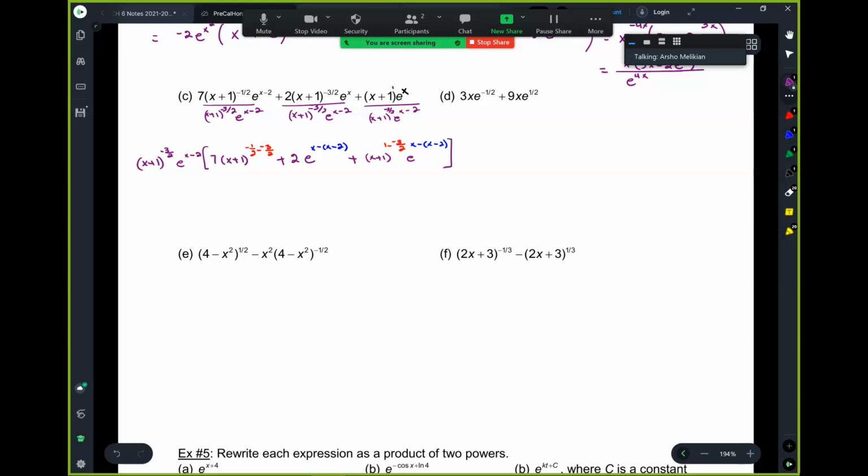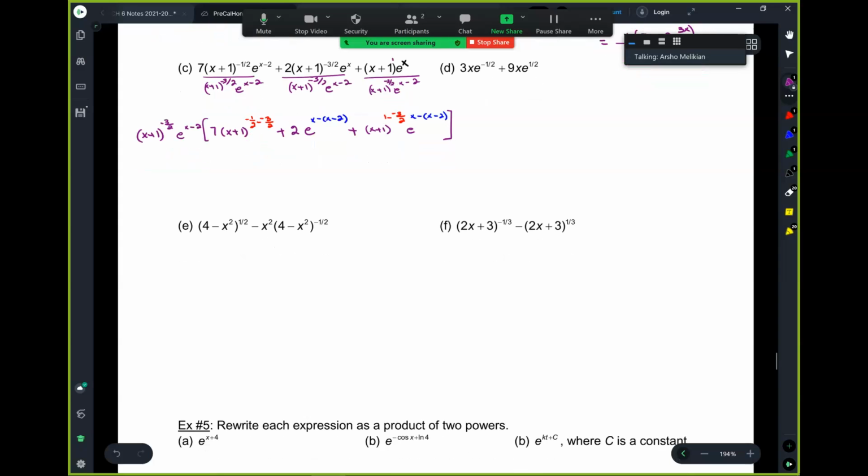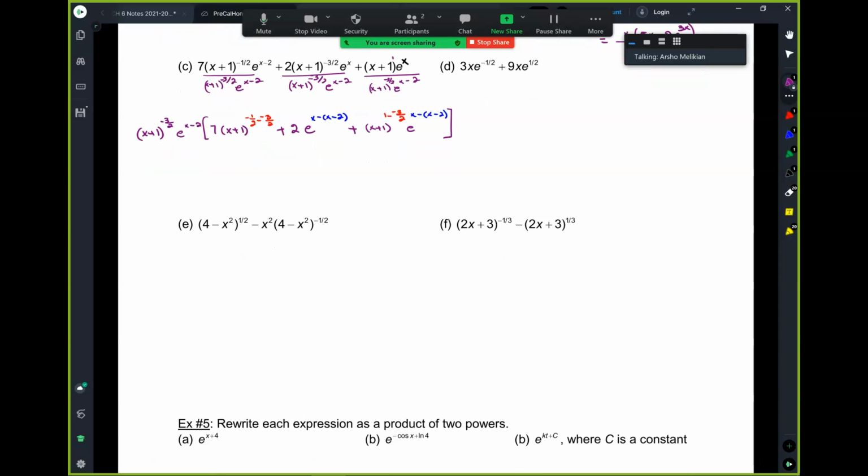Okay. All right. Whew. Okay, so let's see. So here, I have x plus 1, e to the negative 3 over 2, e to the x minus 2. All right, so then I have 7, x plus 1 to the power of what? 1 plus 2.